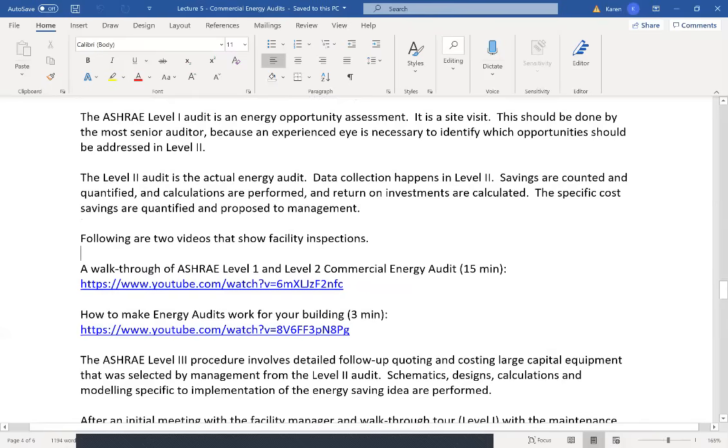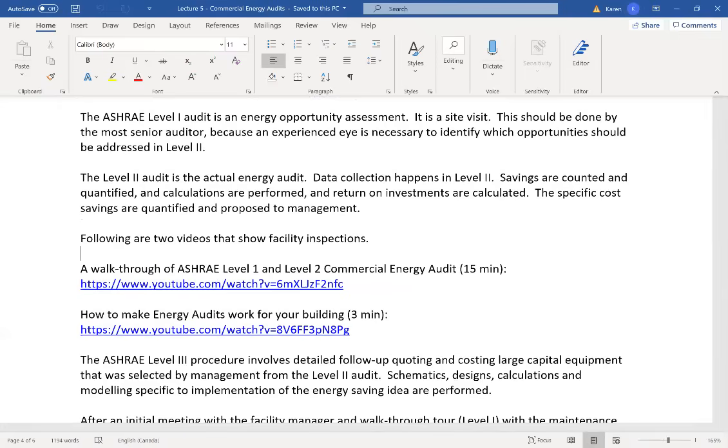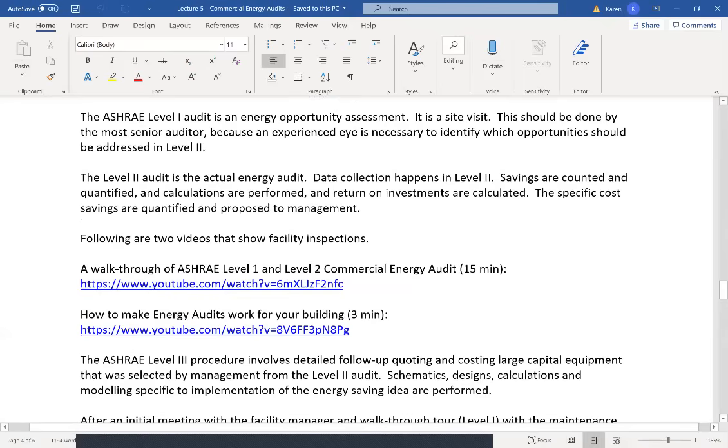Level 1 is when you are going to meet with facilities, walk around the facility, see where their chillers are, where their boilers are, where energy is being used, and start to identify some potential energy savings based on your experience. You come out of level 1 with a list of opportunities, and then level 2 is when you go back and collect data based on the opportunities that you identified in level 1.